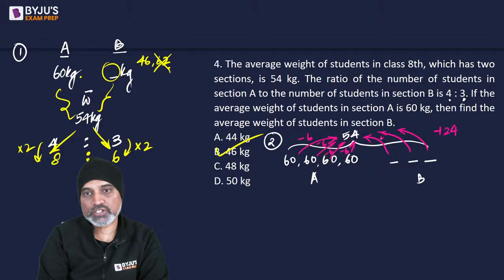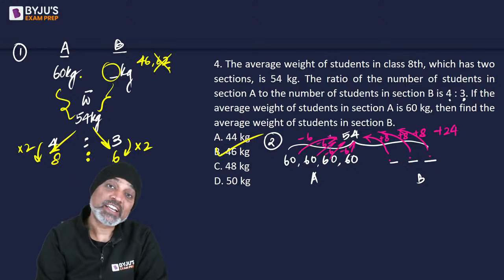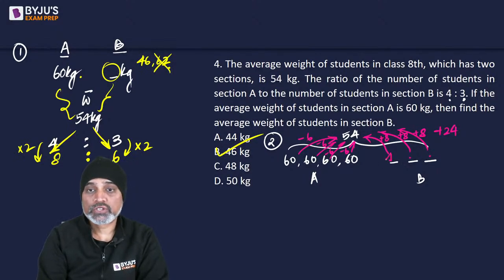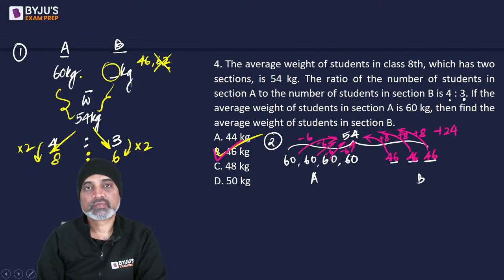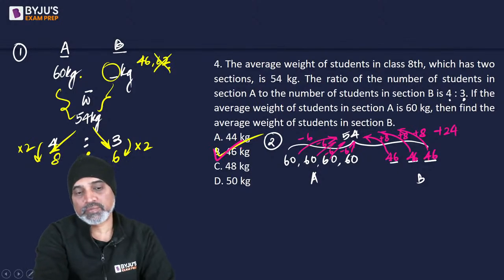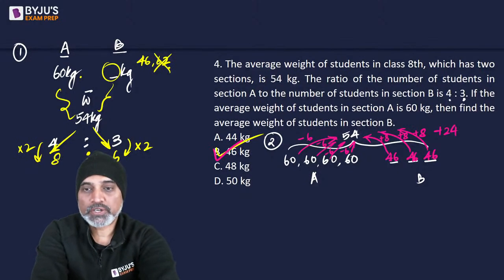That means the addition from each person should be 8. So what number shall I write so that when I add 8 to it, I get 54? So this will result in 46. Right? Deviation sum in the case of averages should be equal to 0.